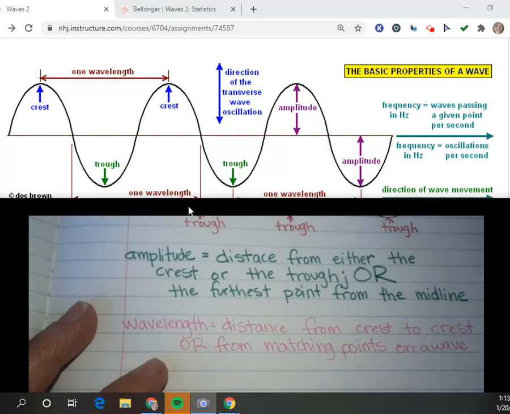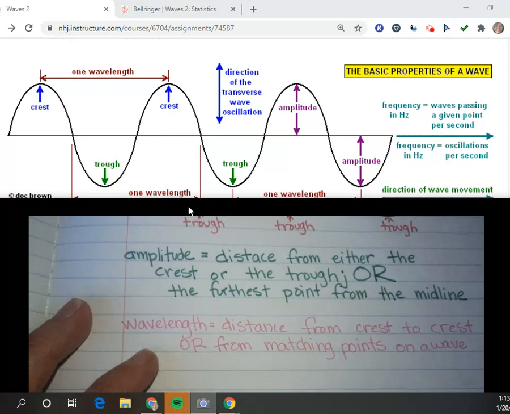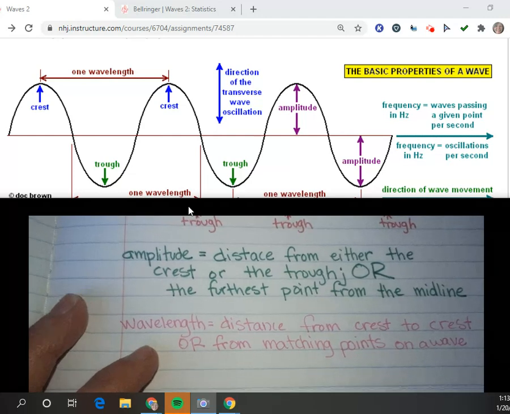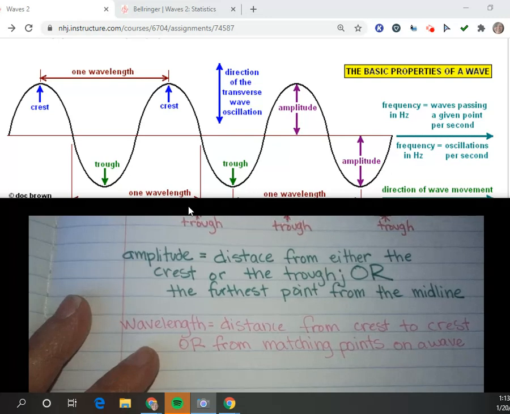Wavelength tells us something about that wave too. We have different wavelengths of light. We have different wavelengths of different kinds of energy that we interact with on a regular basis. Okay.